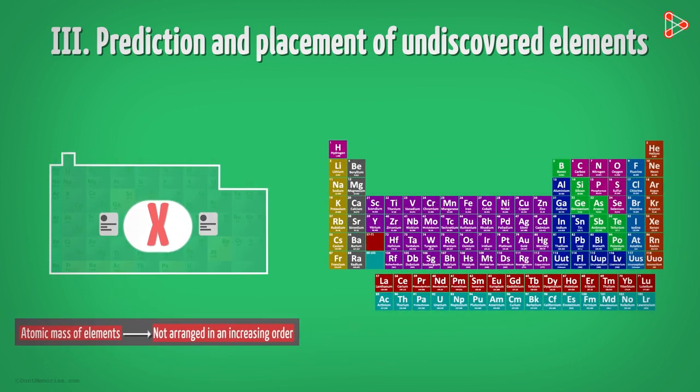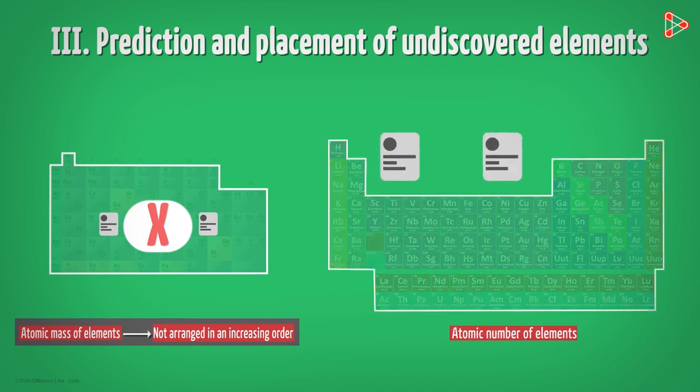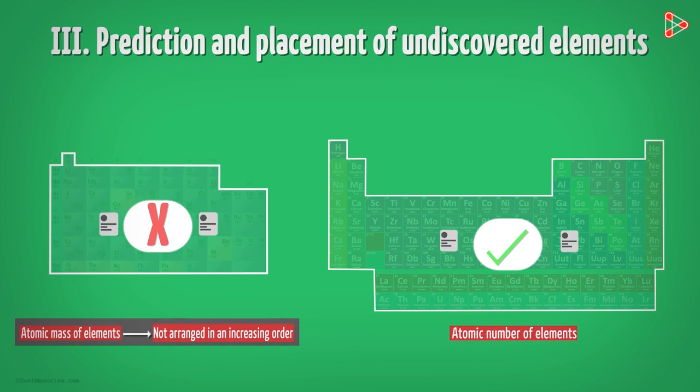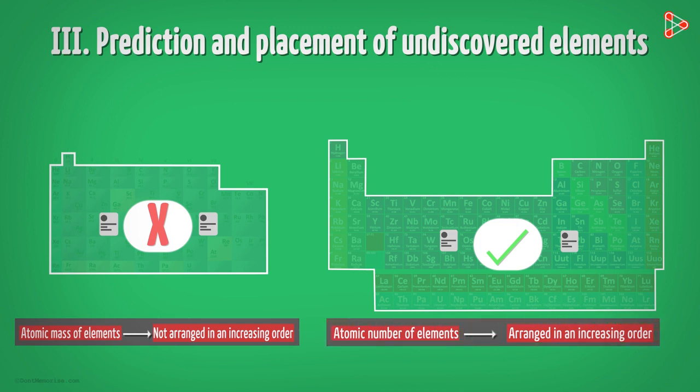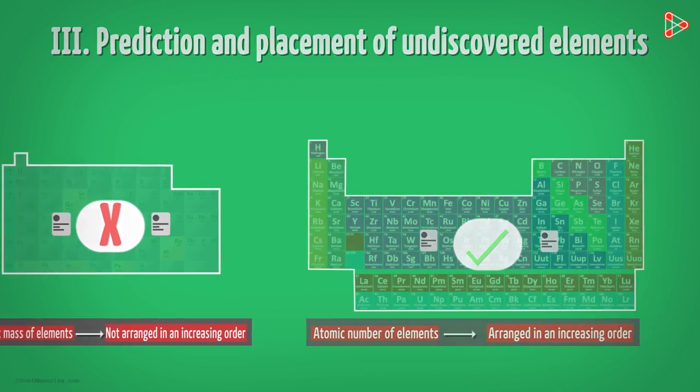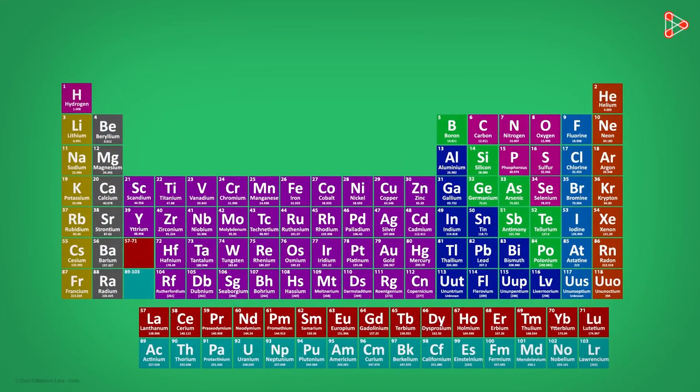But in the modern periodic table, the position of elements was based on atomic numbers. So newly discovered elements could be easily added in between. Because the atomic numbers of elements are found to occur in a constantly increasing manner. This is how the important limitation of Mendeleev's periodic table got ruled out. And that is the reason why the new periodic table surfaced as the most useful tool for studying elements.